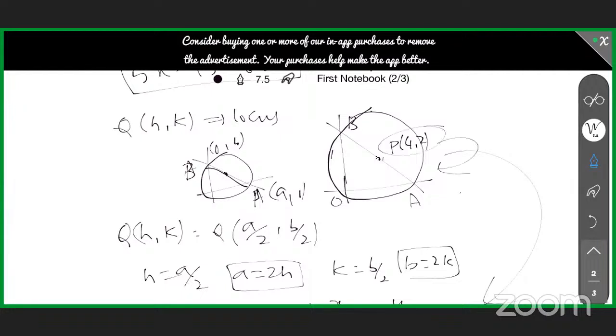So we have taken this line equation as x by a plus y by b is equal to 1, and we have put the values of a and b as 2h and 2k: x by 2h plus y by 2k is equal to 1.